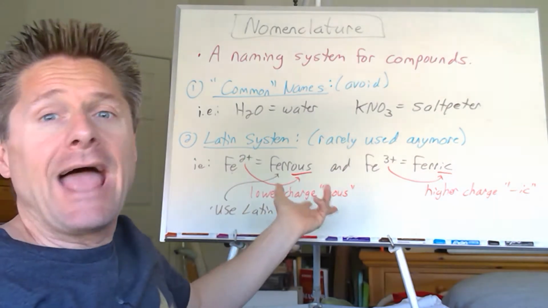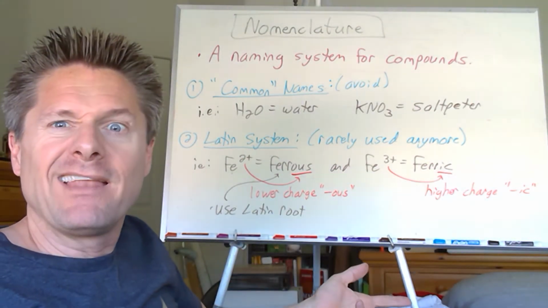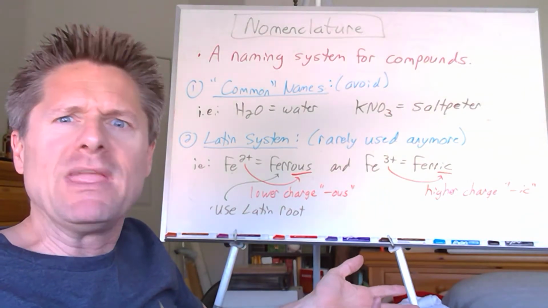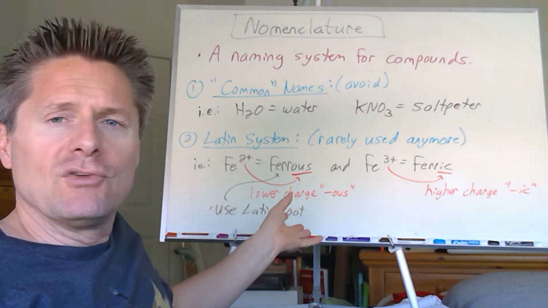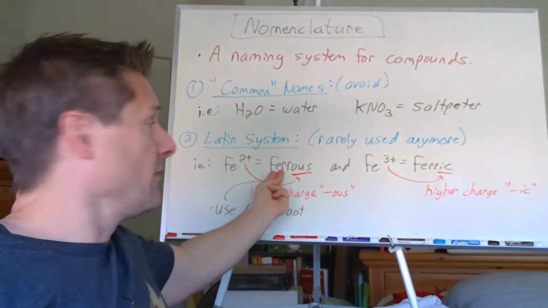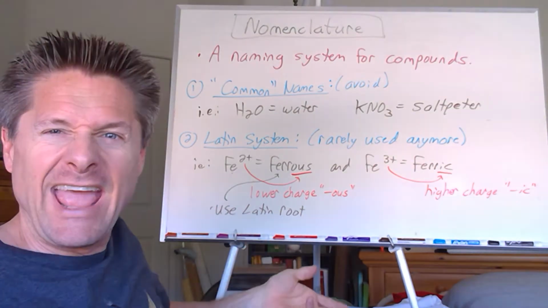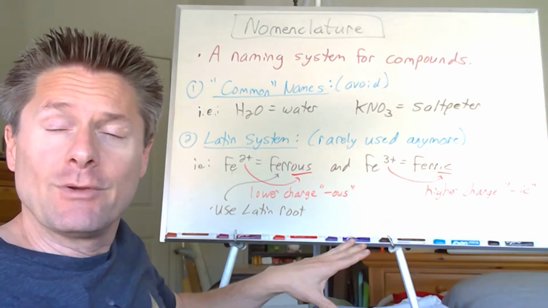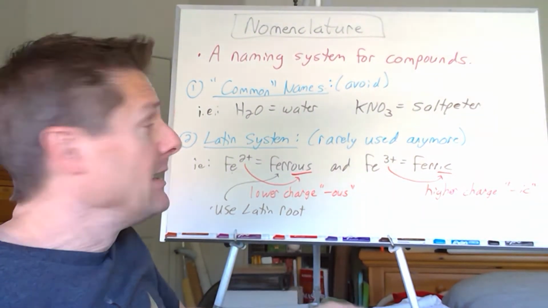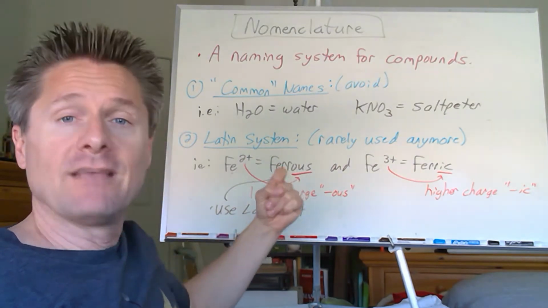Anything that has a Latin root, like tin, where does Sn come from in tin, right? Or lead, Pb. Well, it comes from Latin roots, just like iron, Fe. So what you do is you take the Latin root, ferr for iron, plumb for lead, or stann for tin. Take the Latin root and then add a suffix to it that designates which charge it is, right? If it's the lower of the two charges, we give it an -ous suffix.